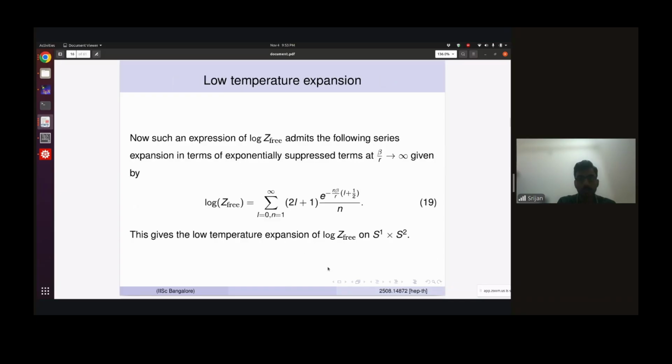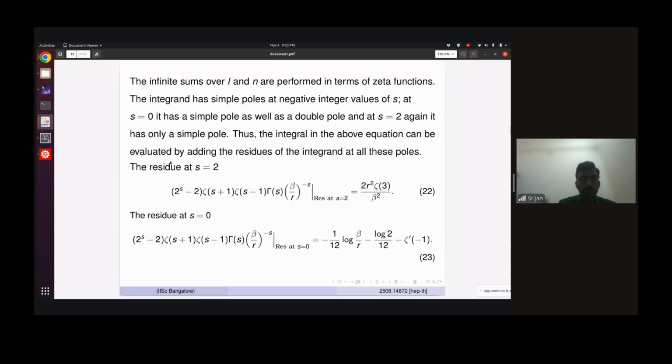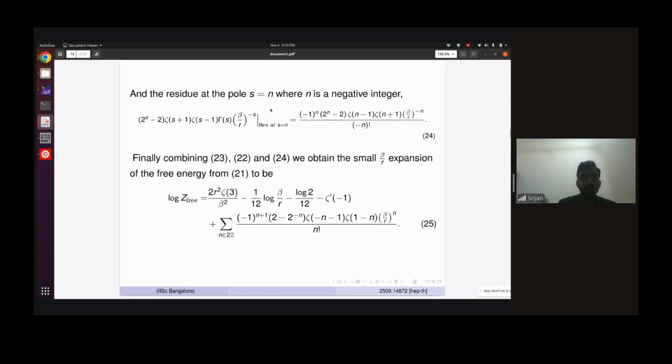So that is what I mention here. Then you can evaluate these residues at s equal to 2 and s equal to 0 separately, and also at s equal to n, where n is any negative integer.